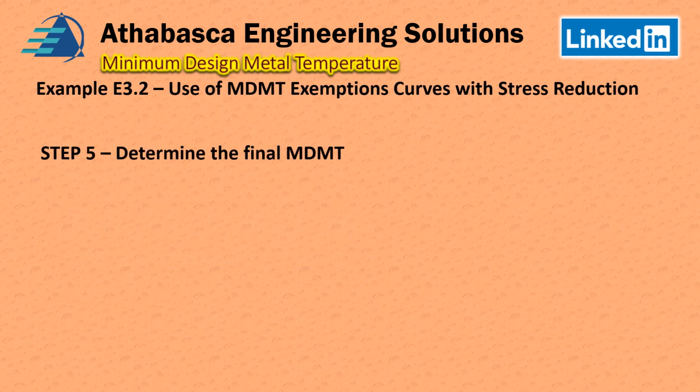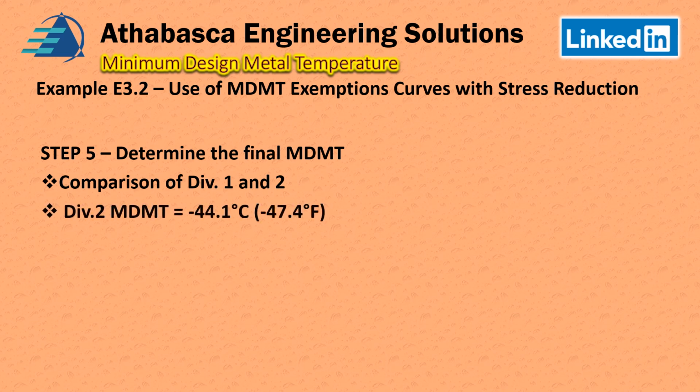So then, determine the final MDMT. Let's compare Division 1 and 2. When we do a Division 2 calculation, recall in the last slide we got minus 44.1 degrees centigrade. And if we compare that to the same thing as close as we can get in Division 1, you get minus 32.7 degrees, excuse me.